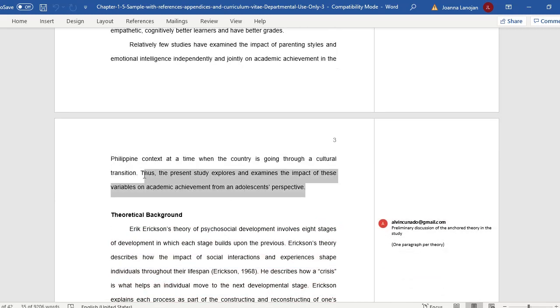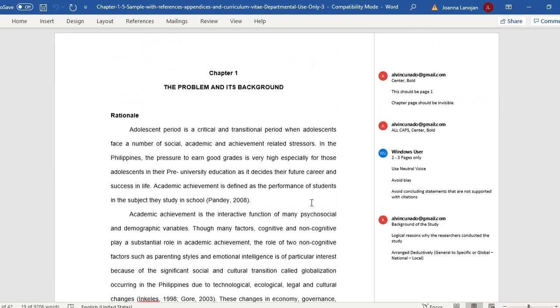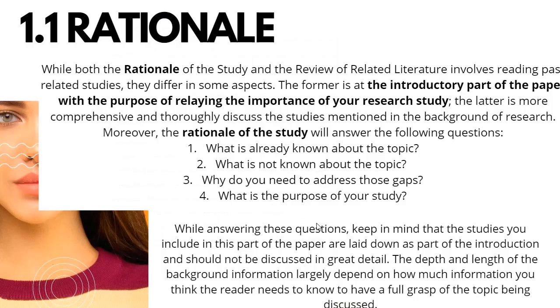This is the research gap. Thus, the present study explores and examines the impact of these variables on academic achievement from an adolescent's perspective. That is already three pages, without a lot of fluff. It is important to establish what your study is about.